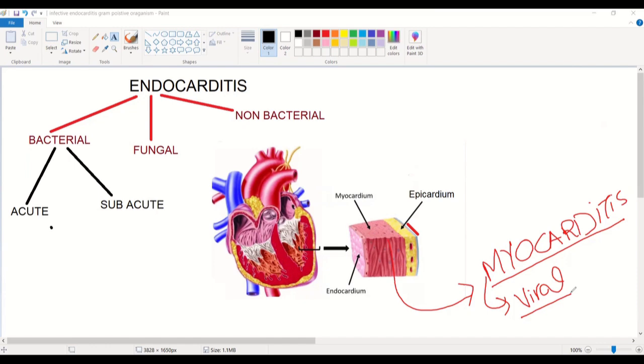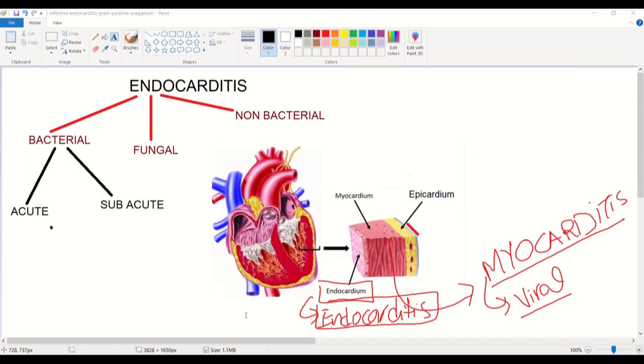Okay, next is the endocardium. Inflammation of the endocardium is known as endocarditis. What is the most common cause of endocarditis?